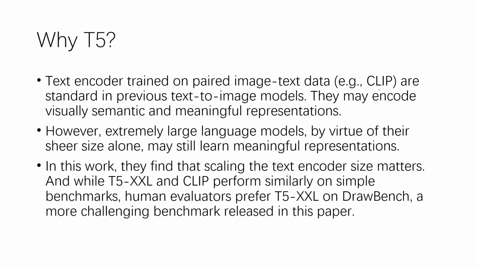And in this work, they actually find that scaling the text encoder size matters. The encoder they use and CLIP, which is trained on image-text data, perform similarly on simple benchmarks. Human evaluators actually prefer this large language model on DrawBench, which is a more challenging benchmark raised in this paper.